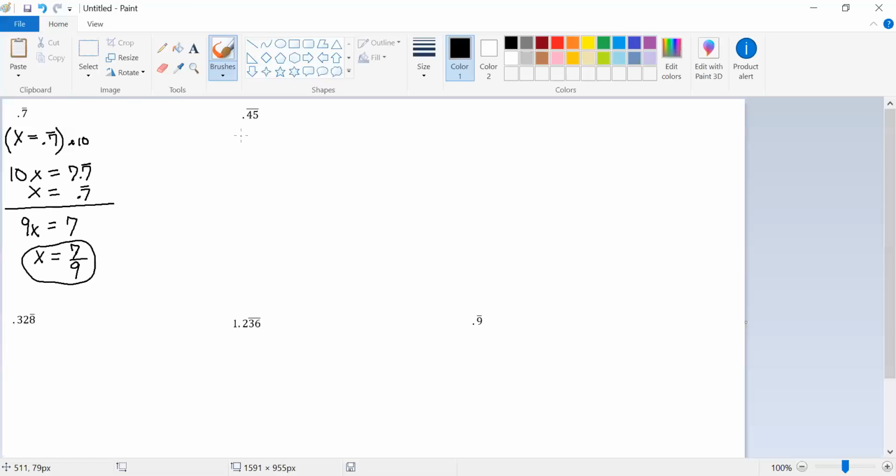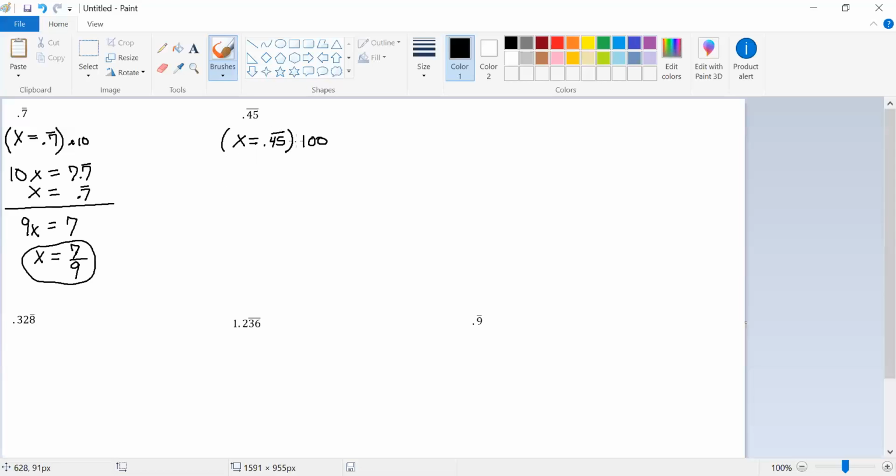x equals 0.45 repeating, which means 0.454545 forever. I already have the decimal right in front of the repeating part, so I'm going to count the number of decimal places, which in this case is 2. So 10 times 10 is 100, or you can think there's 2 zeros.